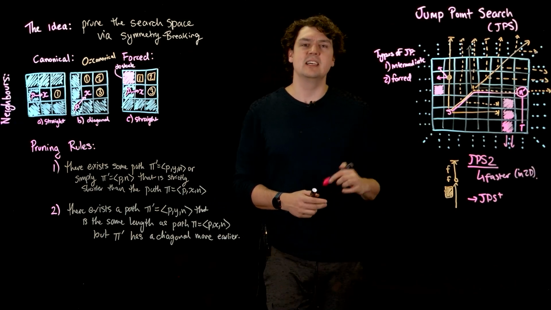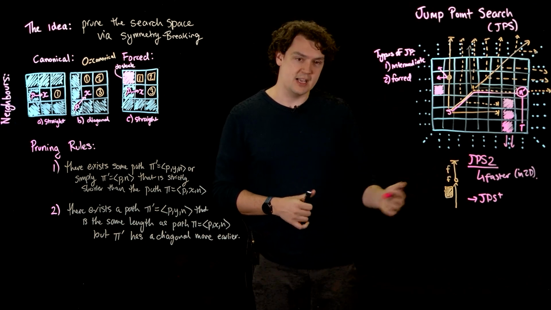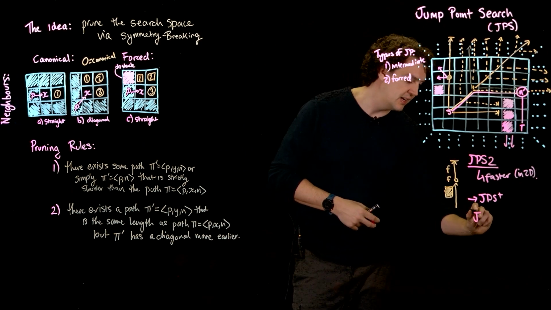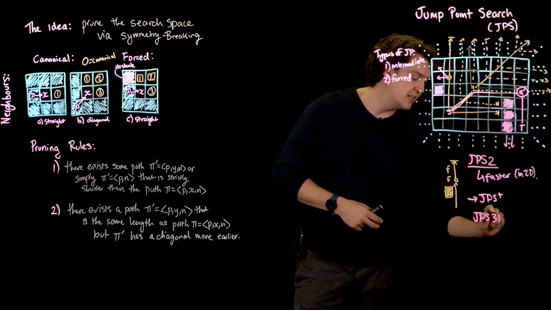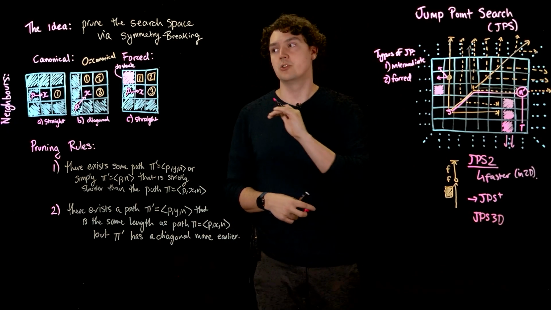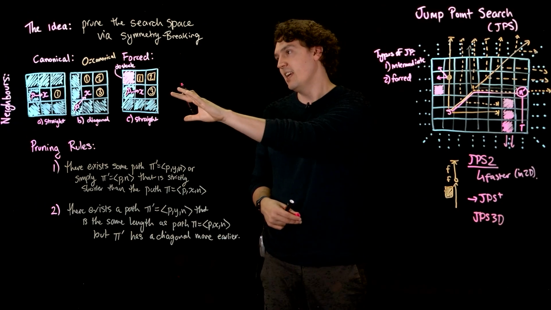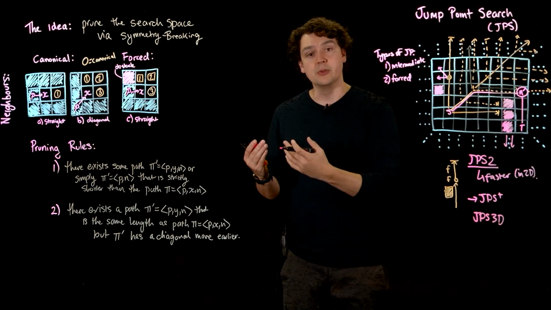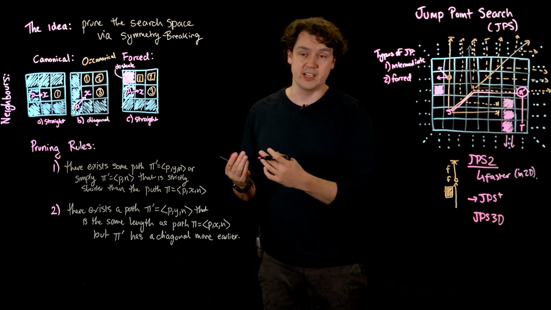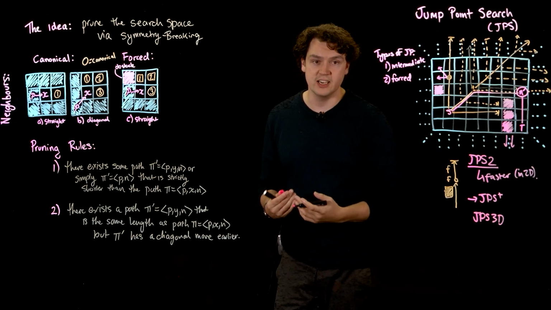Then as well, near and dear to my heart, I have been working on JPS 3D. So essentially the translation of this idea to 3D problems, where the main difficulty becomes that our symmetrical permutations explode in 3D, because not only do we have 2D diagonals, but we also have 3D diagonals.